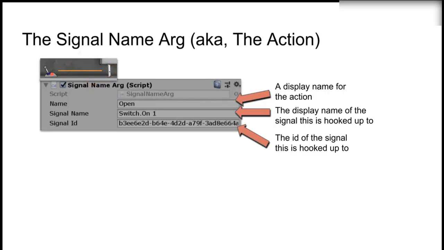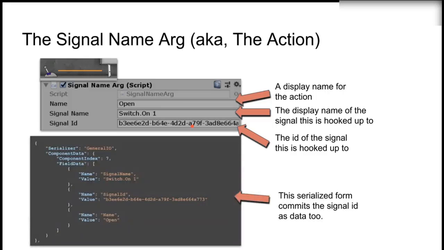But if you connect them and you get this orange line telling you that they're connected, then the signal ID is going to map to the same GUID on the door's on signal. And that also gets serialized. So with some data, we're really just stitching stuff together. That's how the actions and signals get connected.